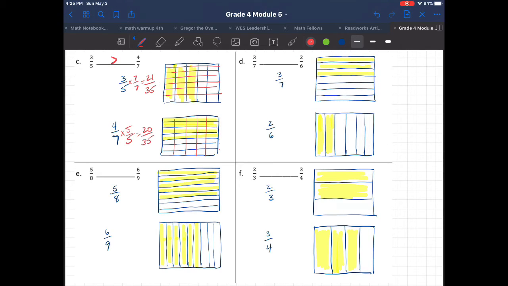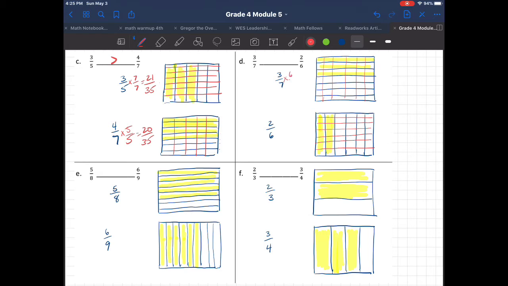So for D, I'm going to match these lines. And I'm going to match the lines up above. I need to make 7ths again. One, two, three, 4, 5, 6, 7.